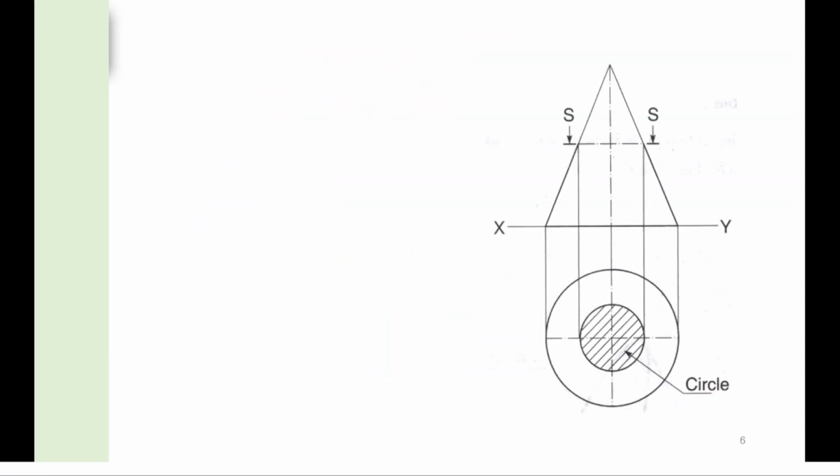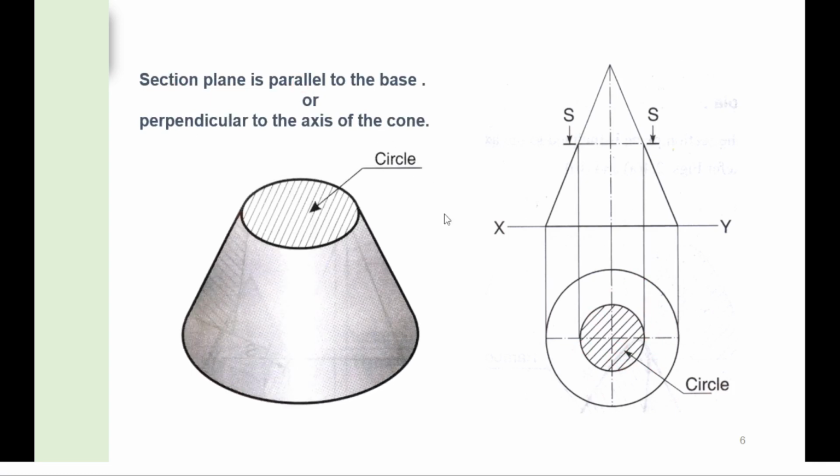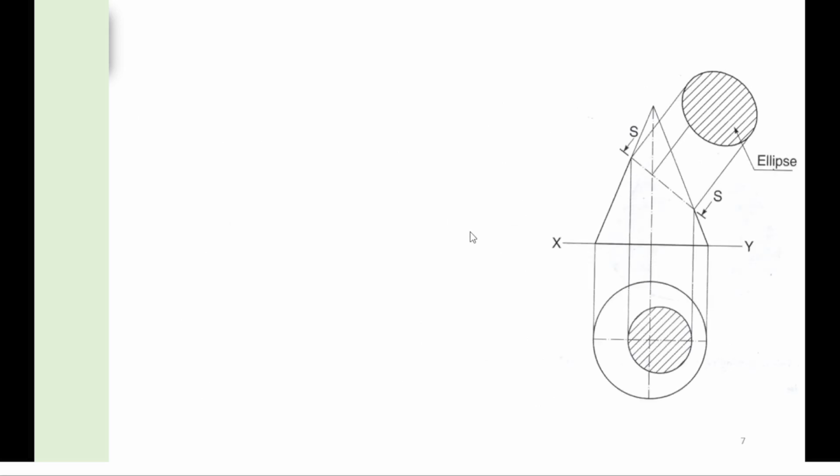Now suppose this is the front view of a right circular cone and this SS represents the section. This sectional plane is parallel to the base, so we will have a circle as the conic section. Then for the ellipse, imagine this is the XY reference line and this is the right circular cone in front view.